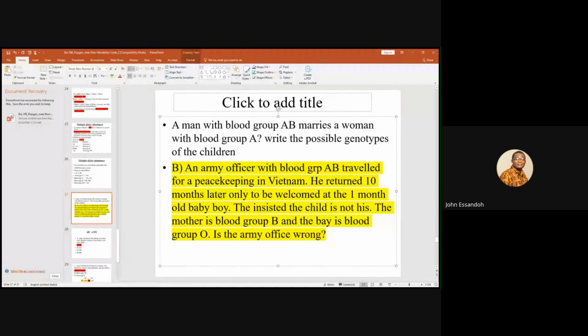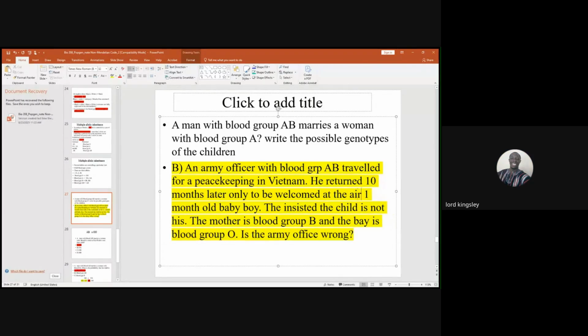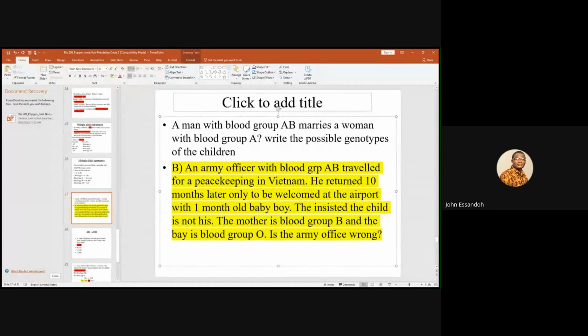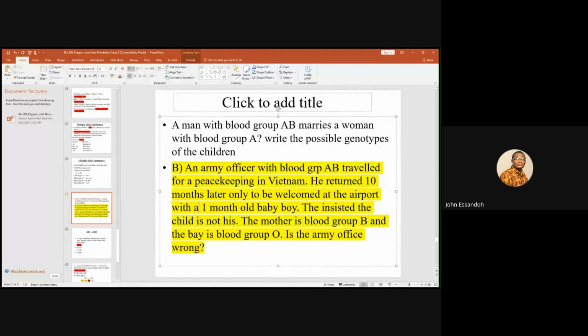Only to be welcomed at the airport with a one month old baby. Then the next sentence is supposed to be he.